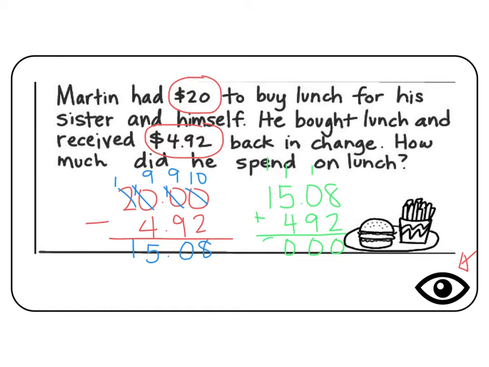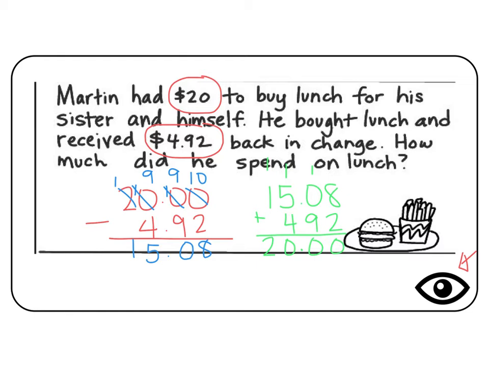And 1 plus 1 is 2. And then remember, the decimal drops straight down. So there's our $20. So when we're doing word problems and relating to money, we should know that adding and subtracting undo each other, and we can use one to check the other.